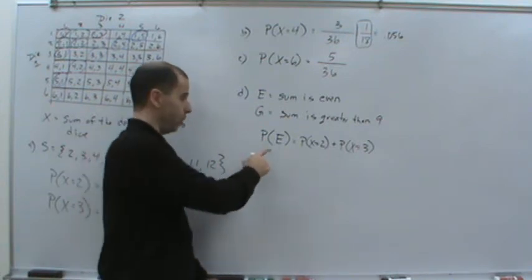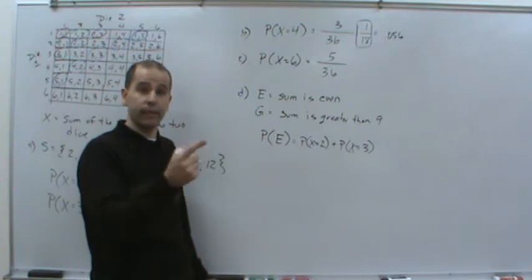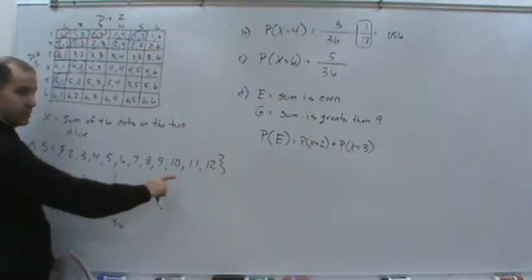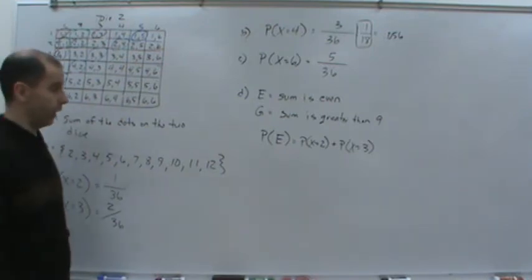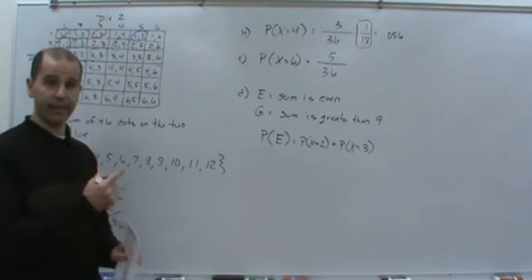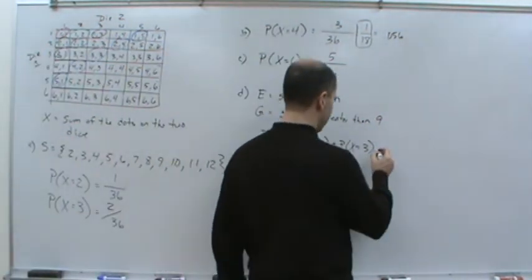One of the properties is whatever the event that I'm interested in, it has to be equal to the sum of the individual outcomes. Well, I have to find the probabilities of each one of these outcomes, and then they all sum up to the event that I'm looking for, okay?